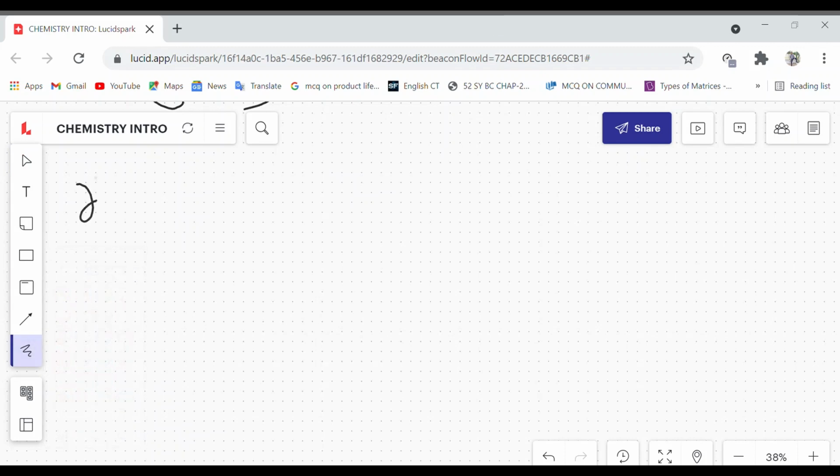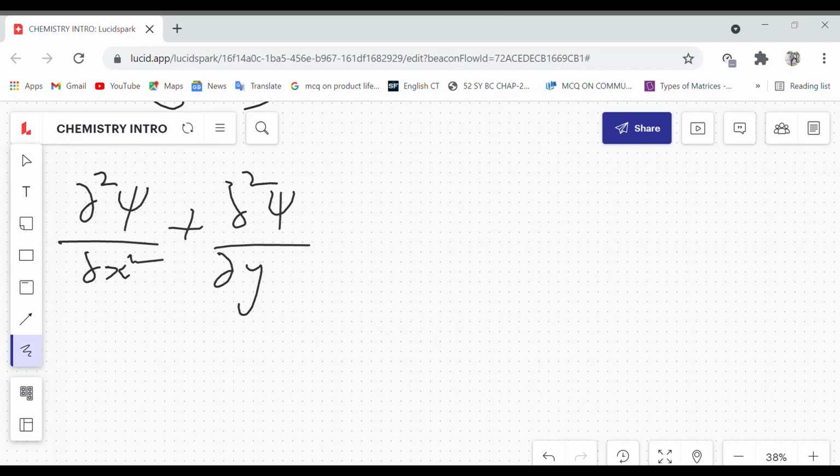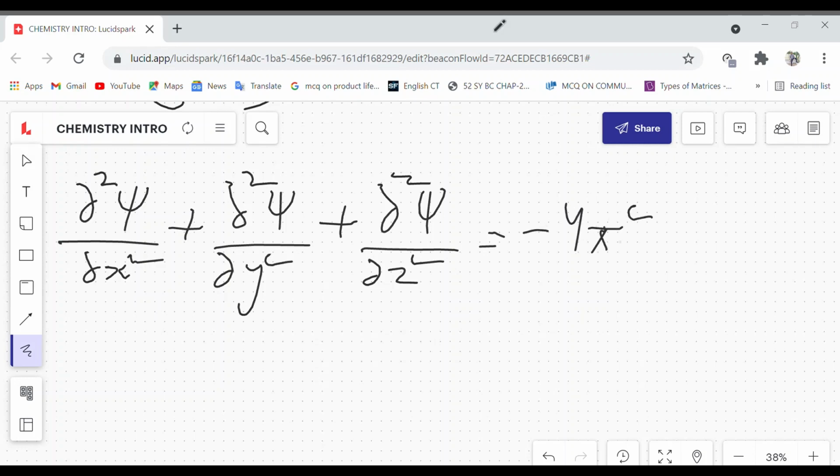Dou square psi by dou x square plus dou square psi by dou y square plus dou square psi by dou z square equal to minus 4 pi square divided by lambda square into psi.